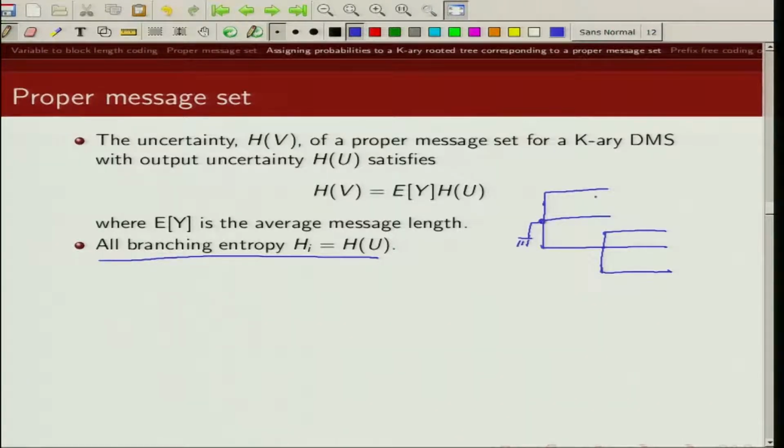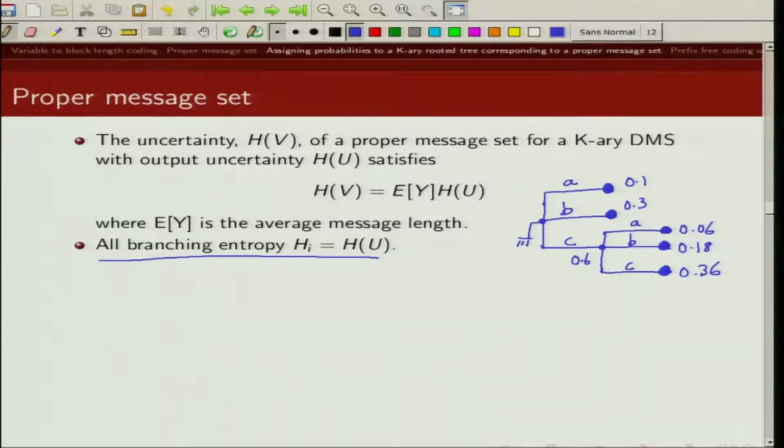So, this is my root, this corresponds to letter A, this corresponds to letter B, this corresponds to letter C. So, this is CA, this is CB, this is CC, and the probabilities were 0.1, 0.3, 0.6, and this was 0.06, this is 0.18, this is 0.36.